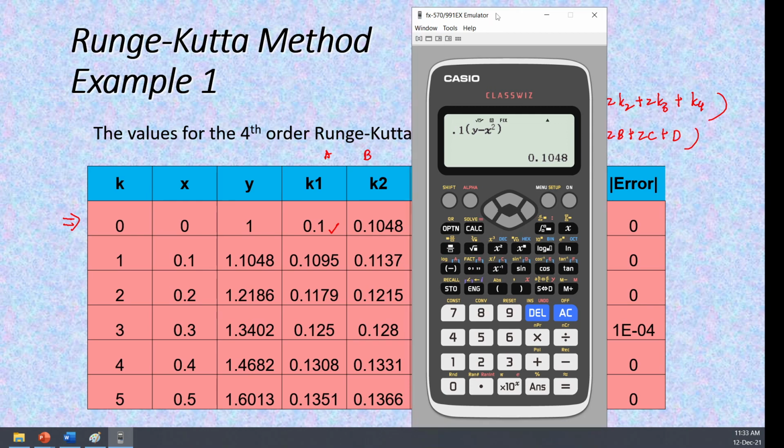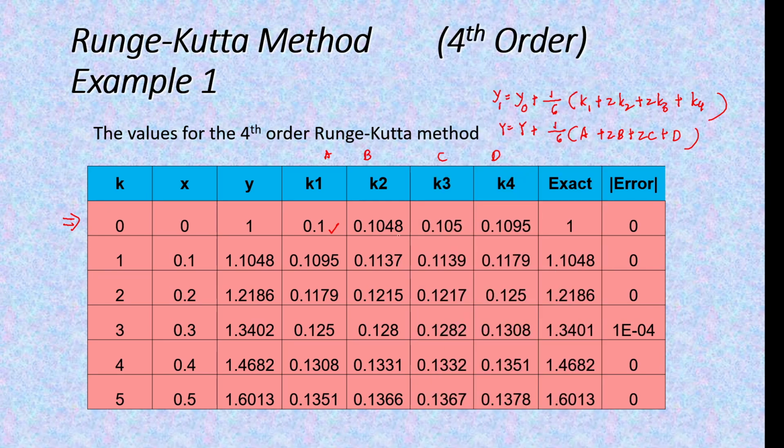Can you follow to get k2? I use back the same formula. K1 is 0.1 times y minus x squared. K2 is y becomes y plus k1 divided by 2, and x becomes x plus h, which is 0.1, divided by 2, squared like this.